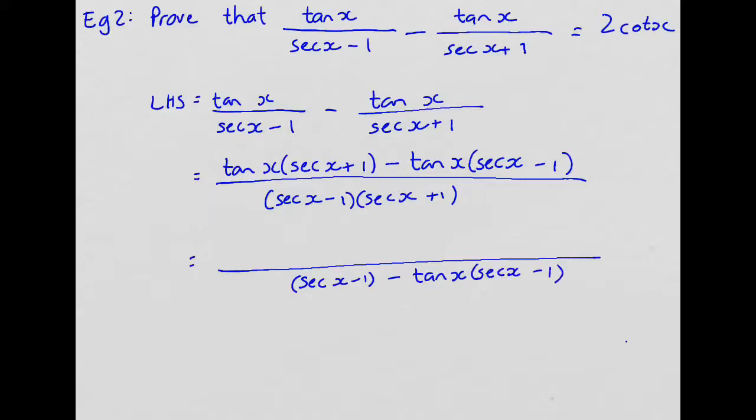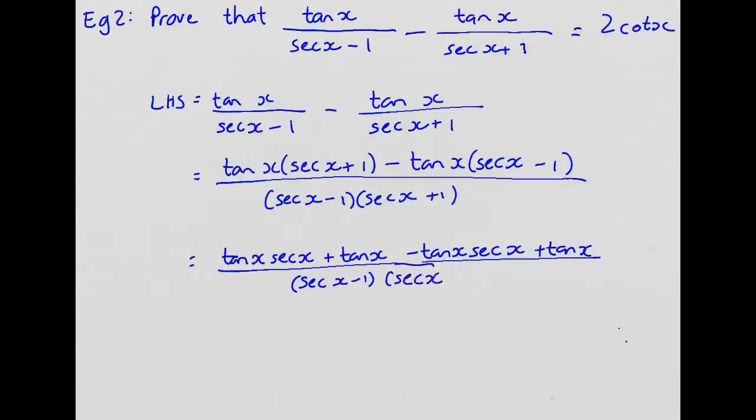So tan x sec x for the first term and then plus tan x, then minus tan x sec x, plus tan x. I've just seen my error in the denominator. Sorry, girls. I'll fix that up now. All right, so in the denominator actually here was sec x plus 1.